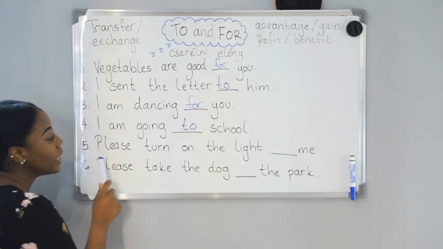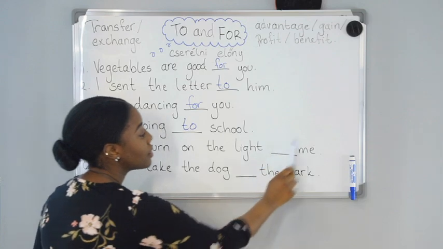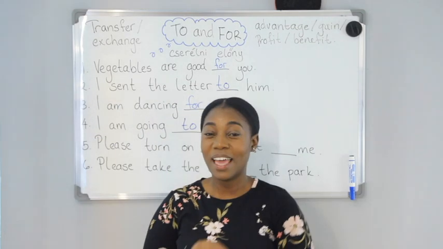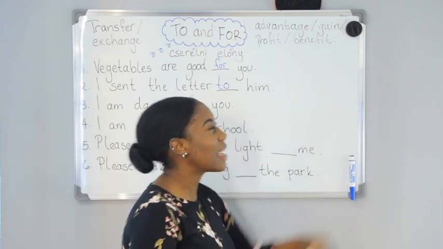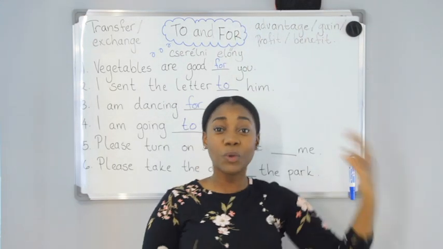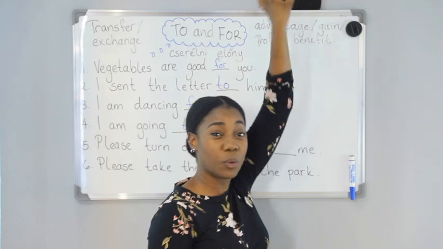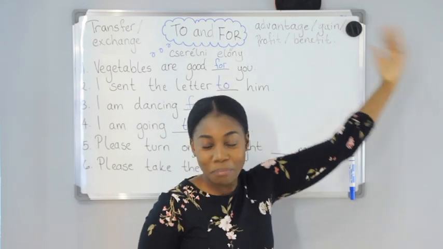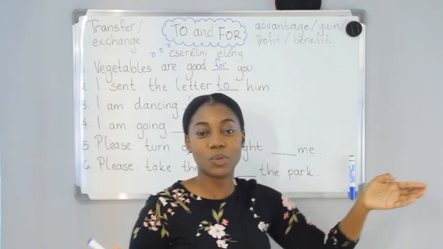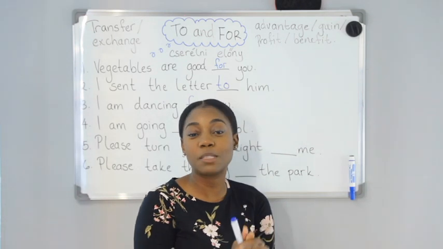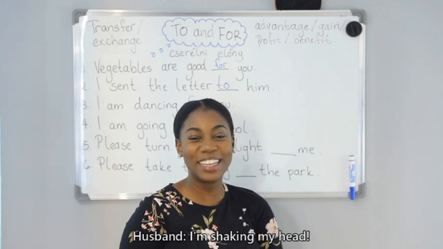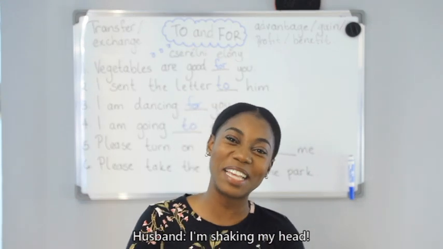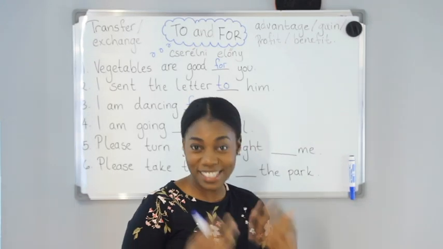Next sentence: please turn on the light ___ me. As you can tell, I'm a pretty short girl, and sometimes I can't reach certain things. I don't know who would decide to put a light switch all the way up over here, but let's say there is a light switch over there. So I'm going to ask my husband, hey, could you please help me? And he's going to say yes.